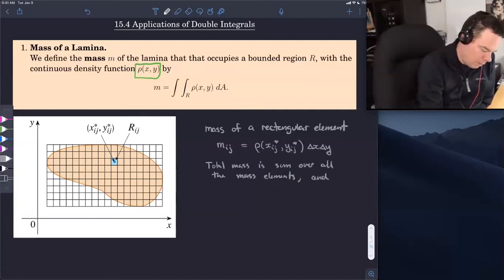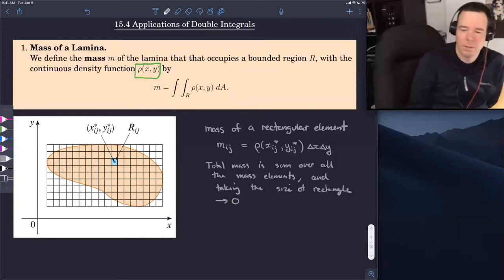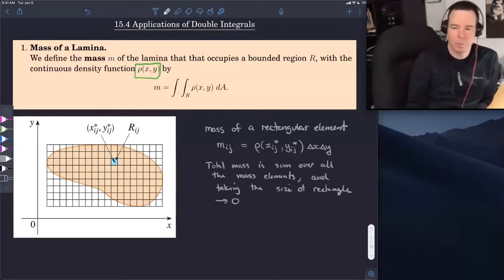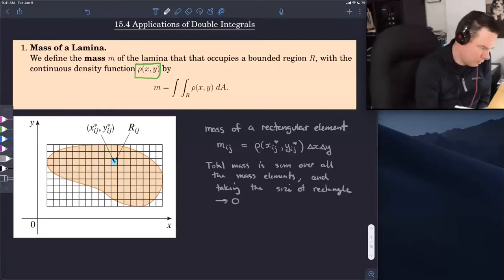And taking the size of the rectangles to 0, so letting delta x and delta y get smaller and smaller, this becomes an integral. So we get a limit of a Riemann sum, or a double integral.